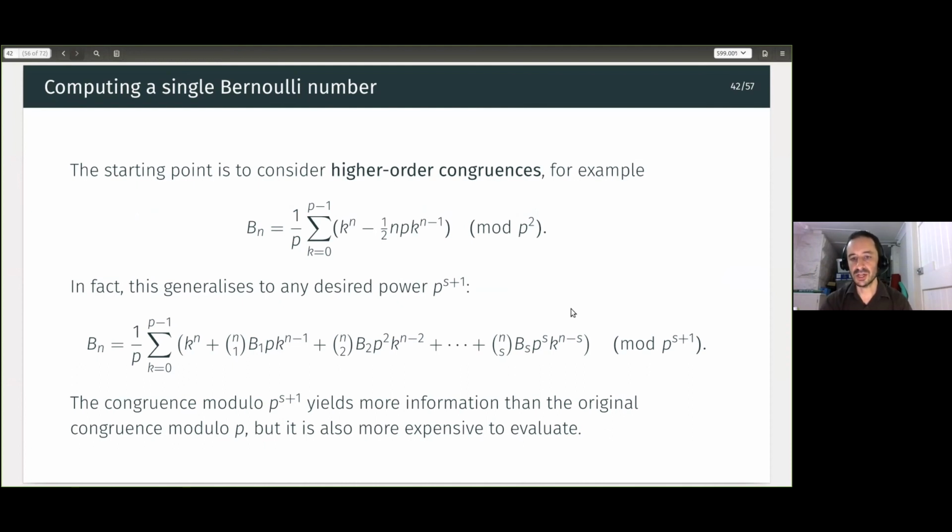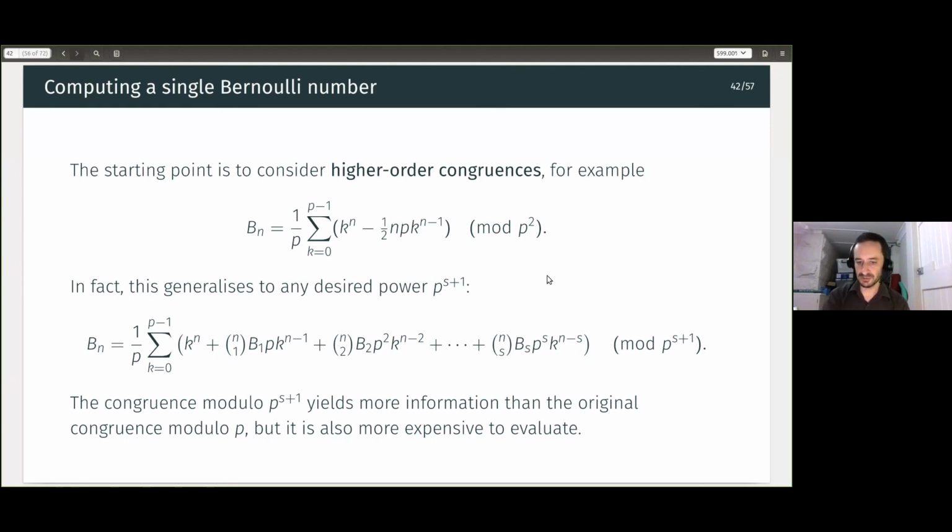So the starting point is to look at higher order congruences. I showed you on the previous slide a congruence for the Bernoulli number modulo p. There is also a congruence modulo p squared. So here it is. This is the same term we had before, k to the n, but now there's this new, slightly more complicated term. And in fact, you can generalize this to any fixed power of p that you like.